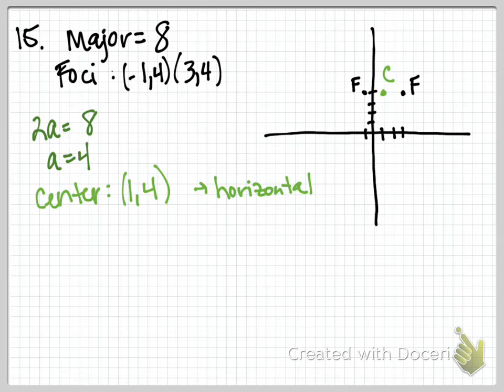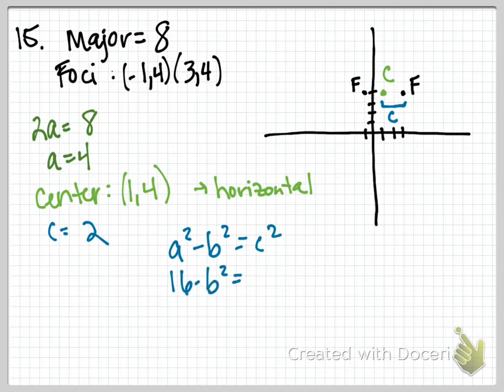Now, the distance from the center to a focus is C. So if I have A, I have C, and I need B, you're going to use your equation A squared minus B squared equals C squared. So you have 16 minus B squared equals 4. Negative B squared equals negative 12, so you have B squared equals 12.